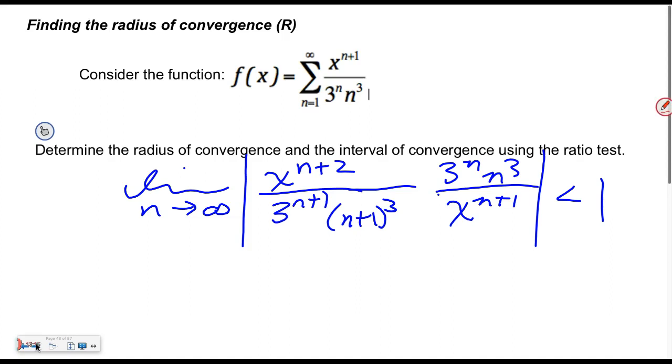My x will be left on the top. My 3 will be left on the bottom, correct? I'll have 1, 3 down here. Picture taking the limit of the non-constant stuff, meaning the limit of the expressions that have the count in them. So really what I'm saying is the limit of n cubed over n plus 1 quantity cubed as n goes to infinity.